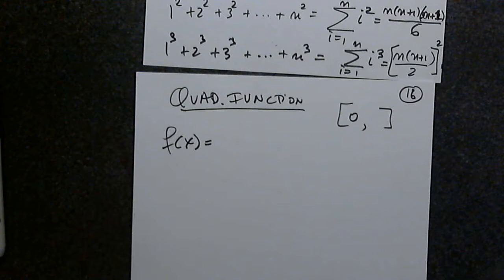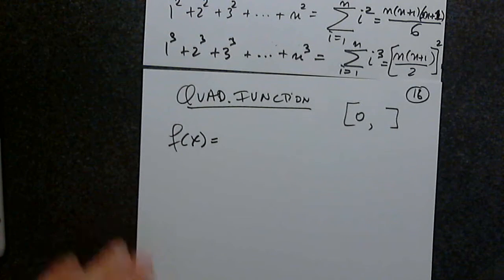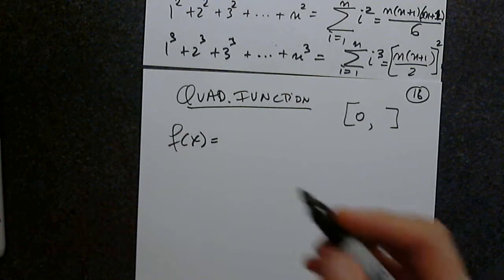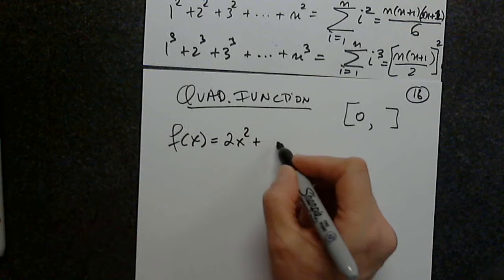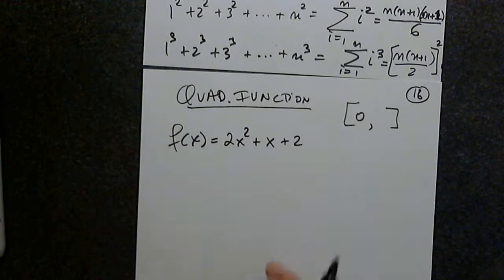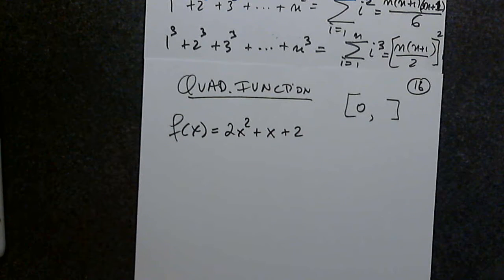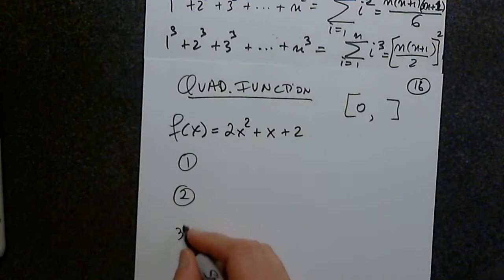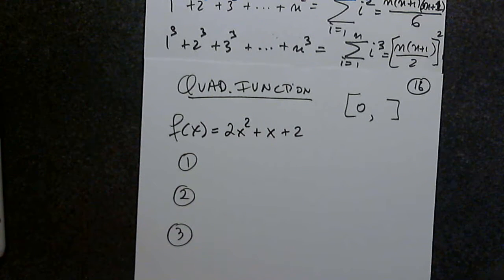Okay? So let's choose a quadratic function. Okay, let's say 2x squared plus x plus 2. Is this okay? We need 3 preparations. So what are we asked to do?